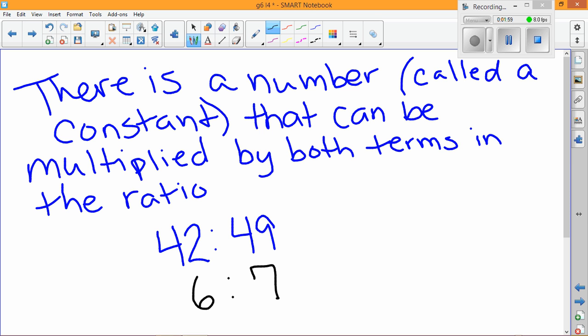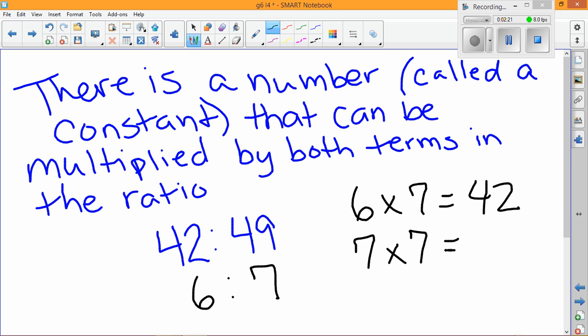Well, it would be the same if there's a constant that we can multiply by 6 and 7 to give us 42 to 49. It might be pretty apparent that we could take 6 and multiply it by 7 to give us 42. So is 7 times 7 49? Yes. So these ratios are equivalent to each other.